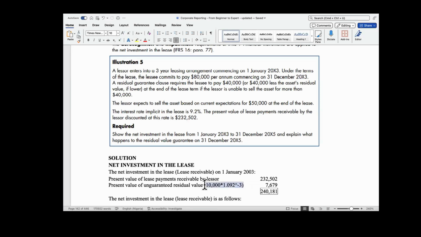If you punch this on your calculator, you get 7,679. That's the PV of the unguaranteed residual value. If you add that to this PV of lease payments, you will get 240,181. And that's the net investment in the lease at the beginning of the lease.